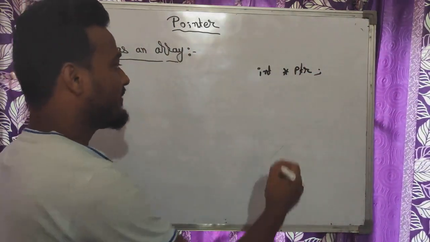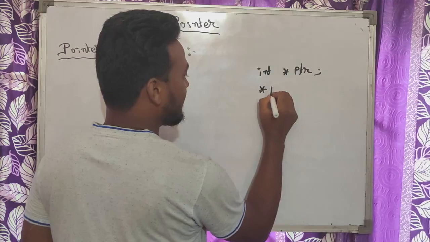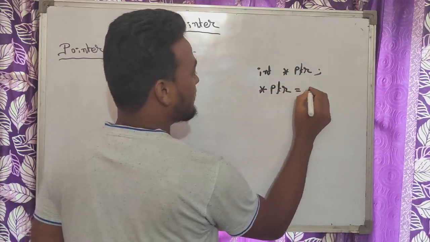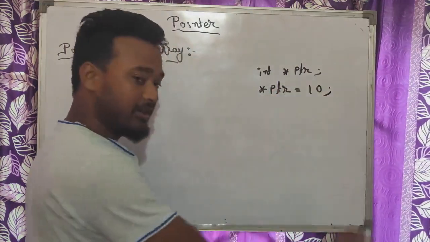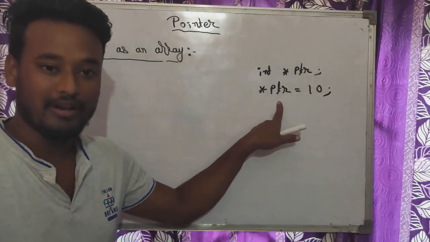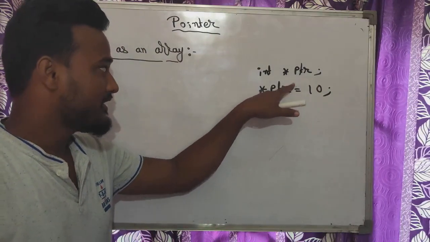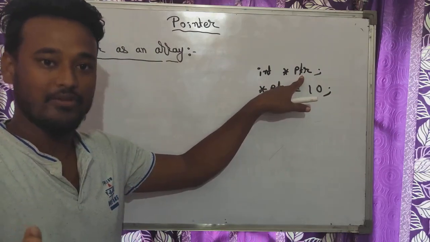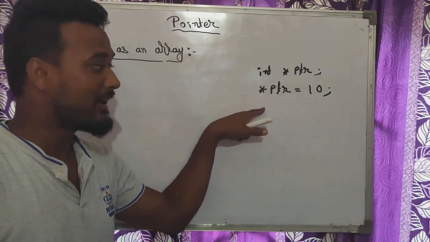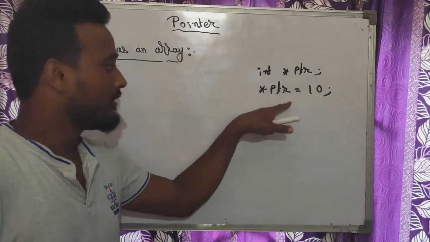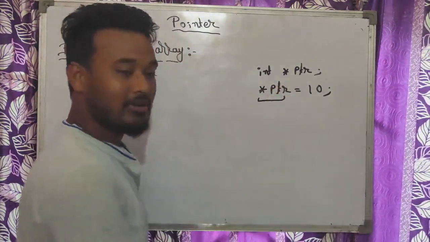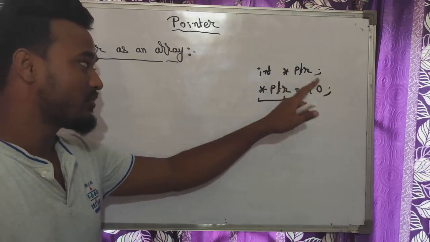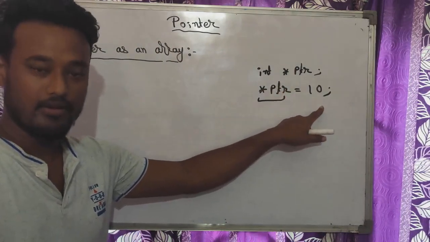And we are assigning the value of ptr, say *ptr equal to 10, okay? That means this is dereferencing. This is a pointer variable which holds actually the memory address of another variable. But in this case, we are assigning the actual value by the dereferencing method, okay? That means the actual value of ptr is 10, okay?